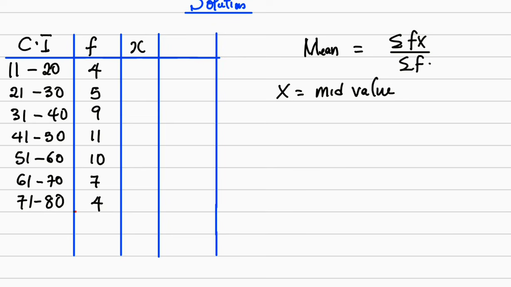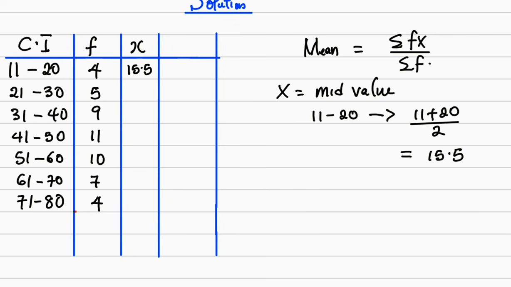And how do we get this x? Let me pick the first class interval, 11 to 20. For us to get the x, it's going to be 11 plus 20 all over 2. If you do it, you are going to get 15.5. So the first here is 15.5.